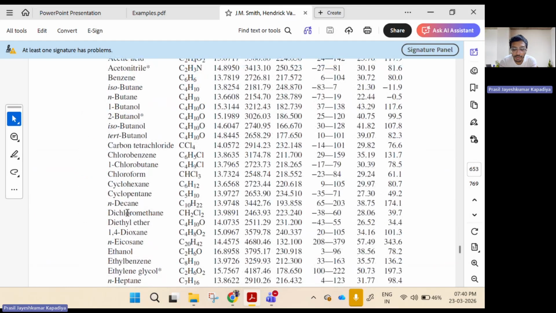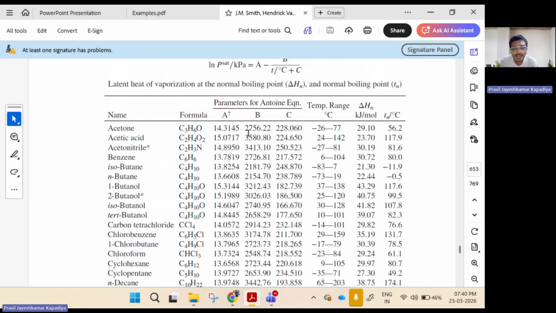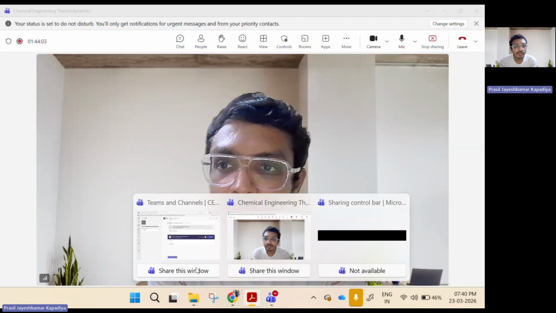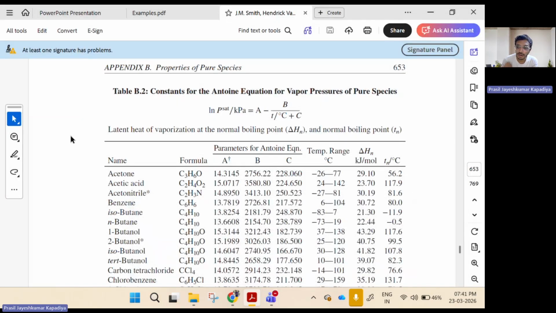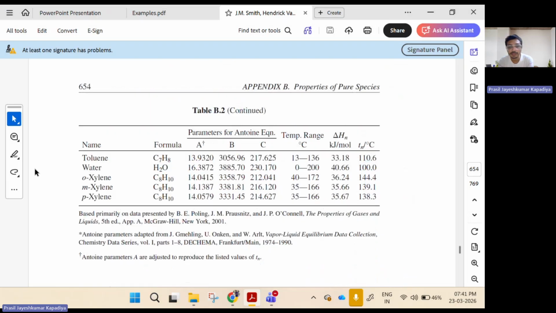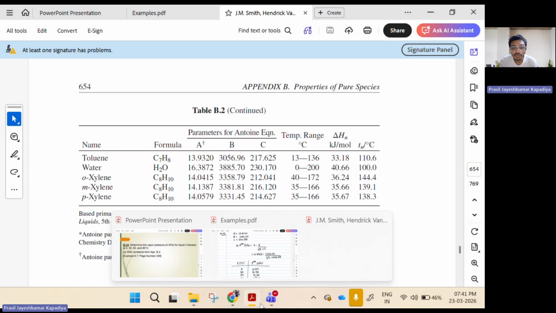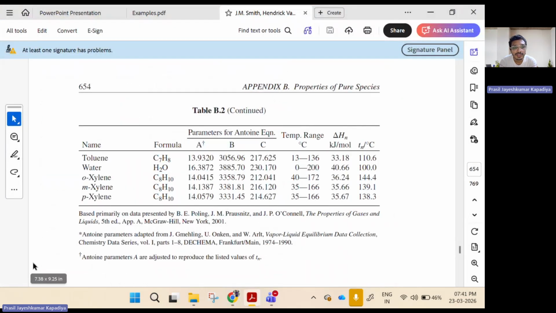For whatever component you are dealing with, you should find these ABC parameters from here. You need to put ABC here, and for whatever temperature you are working with, you need to put the value of that temperature here, and you can find the value of P1 sat, P2 sat, whatever the mixture is. So this is something you must know. This is how you can find these Antoine constants, ABC.